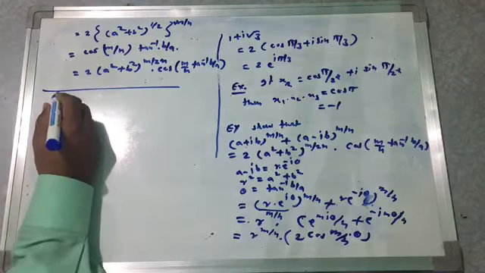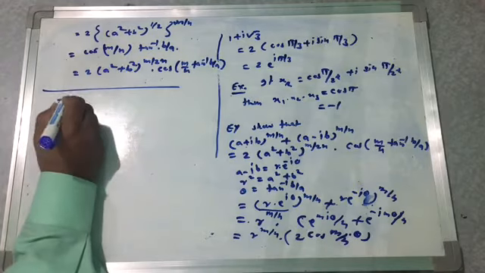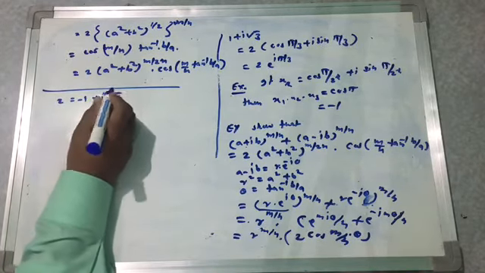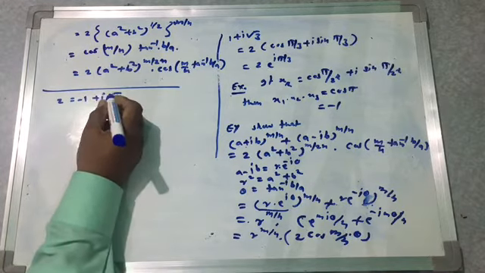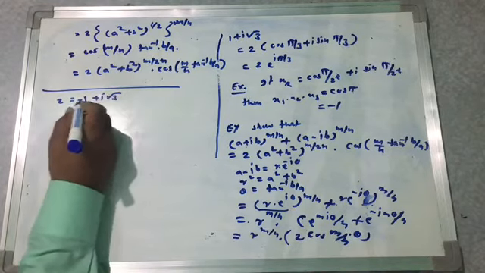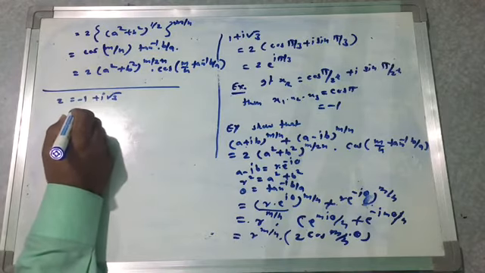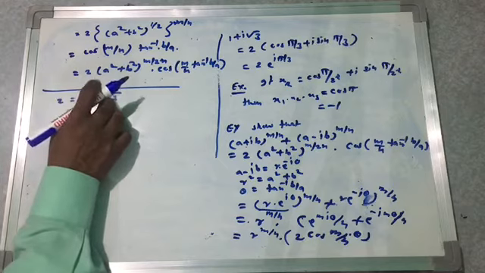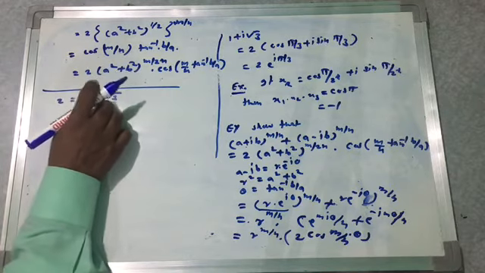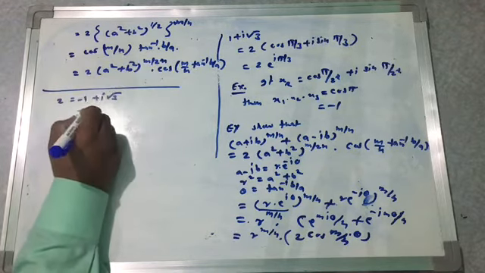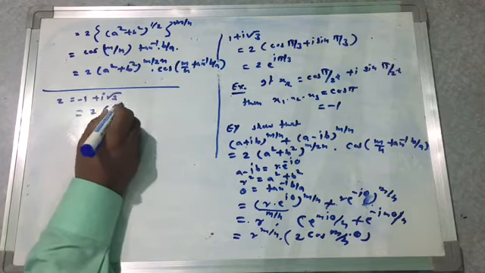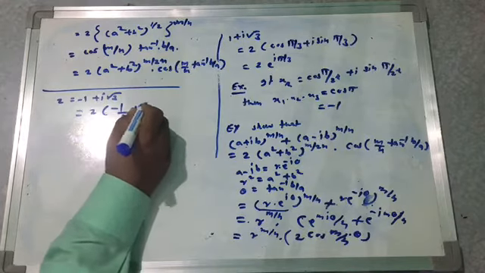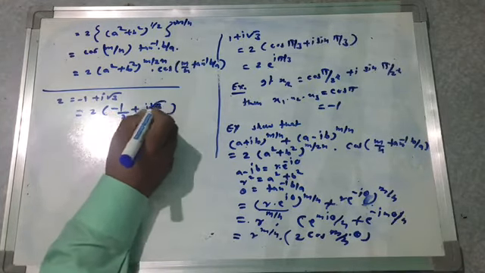Again, if z is equal to -1 plus i root 3 and n is an integer, then we can calculate z. Suppose this is given, -1 plus i root 3. So r can be calculated: -1 upon 2 plus i root 3 by 2.